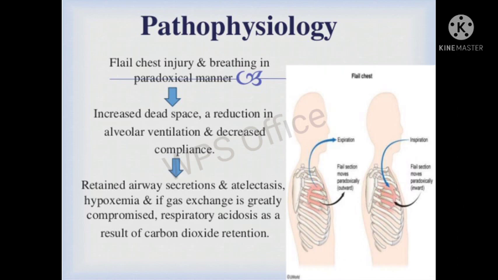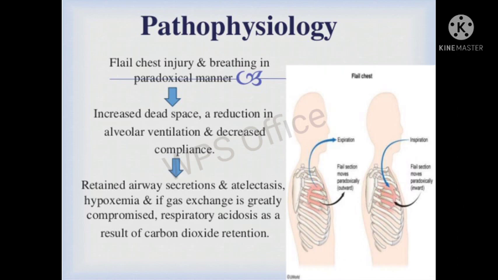So when the airway secretions are retained inside the lungs and gas exchange is not done properly, respiratory acidosis will occur. Respiratory acidosis means the carbon dioxide which is to be exhaled will not be exhaled. It will remain inside the lungs.